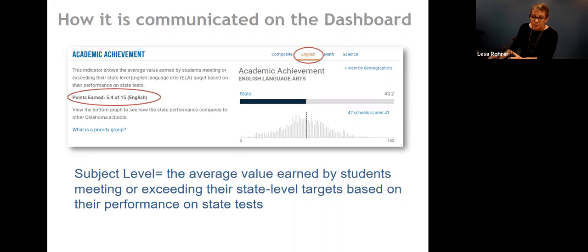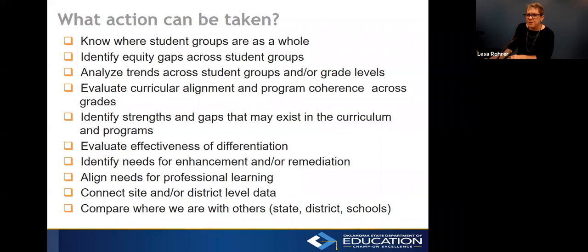So this is a number that ranges between 0 and that 1.25 when we talked about the points earned earlier. And I just wanted to clarify that. You'll also see that same value for math and for science. So when we're looking at academic achievement, the composite represents the percentage of points, and then the grade level represents the average value.